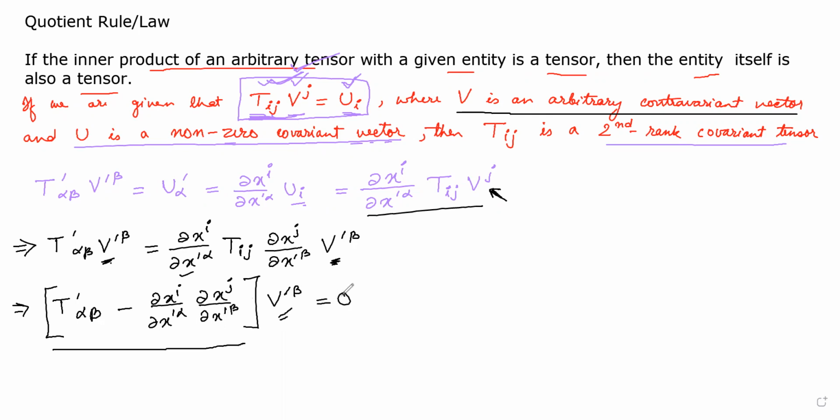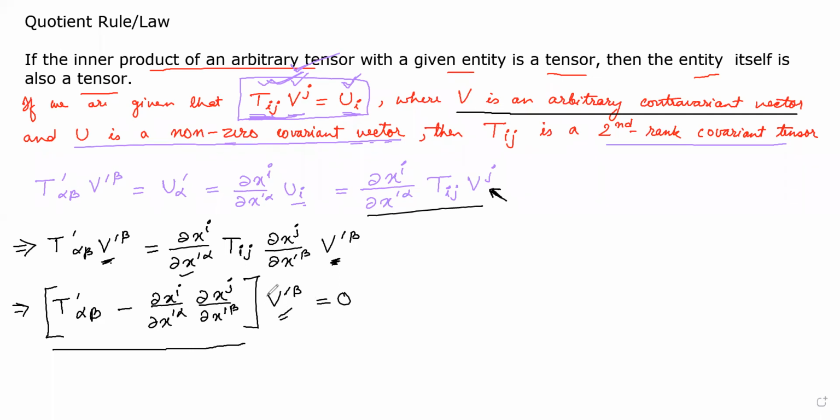And if this is equal to 0 for every arbitrary V that we take, then there is only one possibility. And what is the possibility? The possibility is that the term inside the bracket should be equal to 0. That is the only possibility, because this condition is satisfied for every arbitrary V.